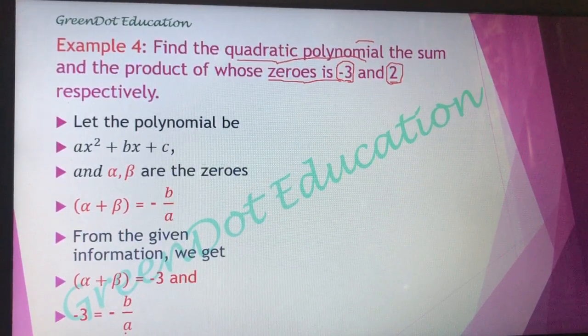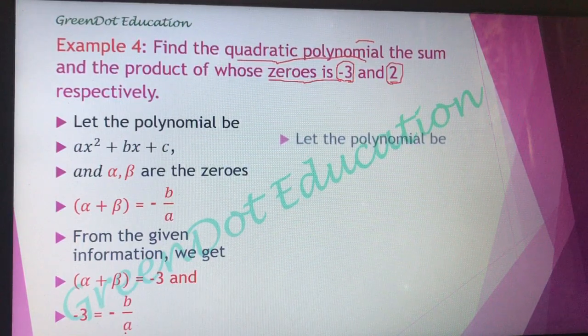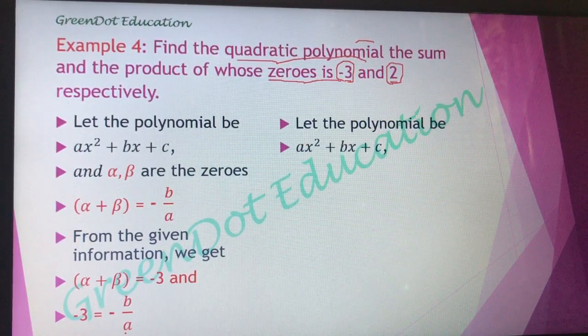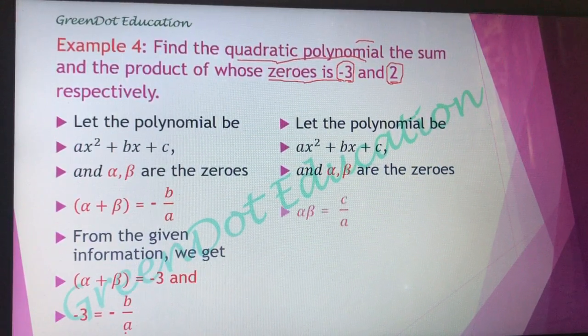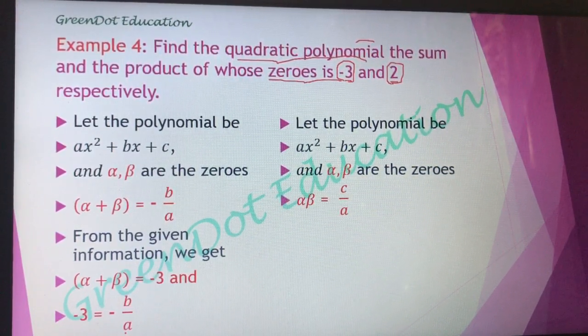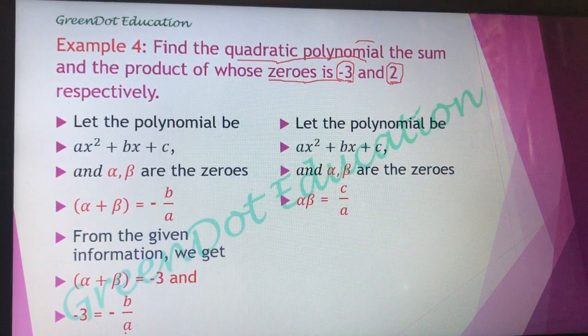Now let's see how it works for the product. So if the polynomial is ax square plus bx plus c, then alpha and beta will be the zeros. So using the relationship for the product of the zeros, we have alpha beta is equal to the ratio of constant term upon the coefficient of x square.